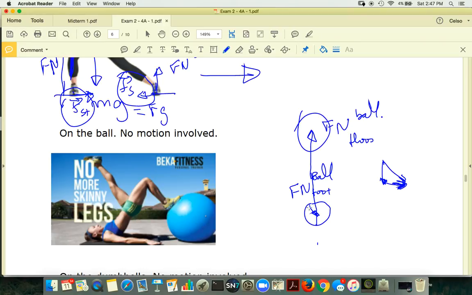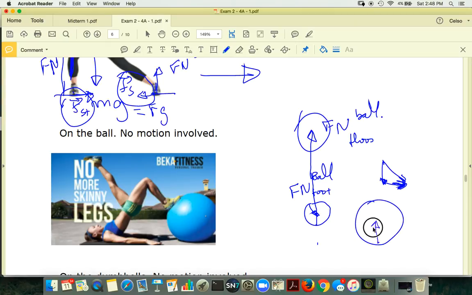So this normal force can be broken down in two components. Now I'm thinking here. What I'm trying to say is this. So we have the ball.